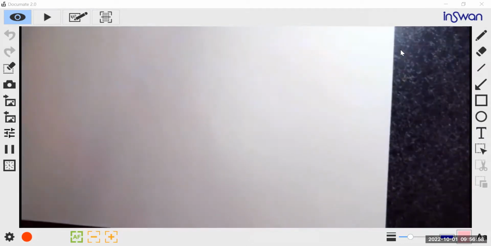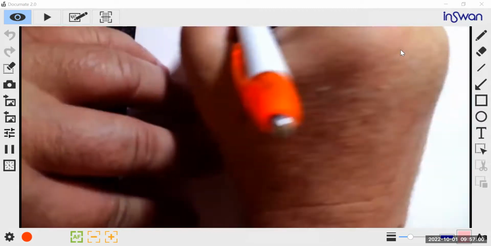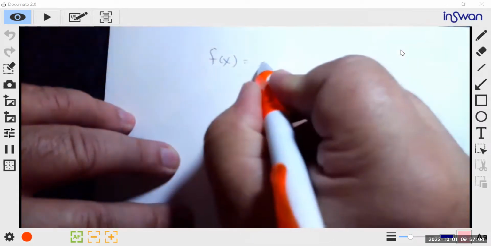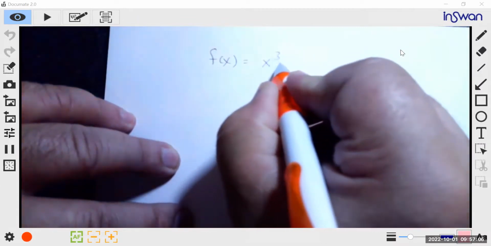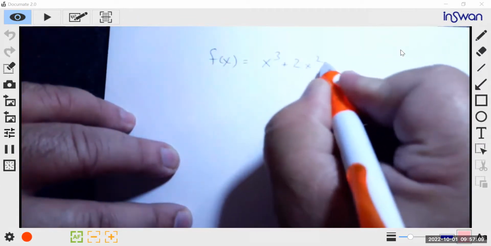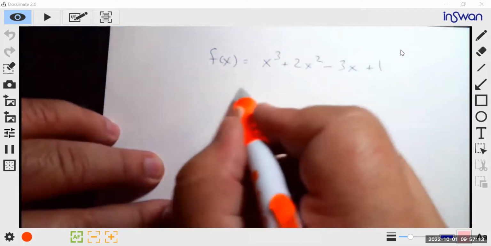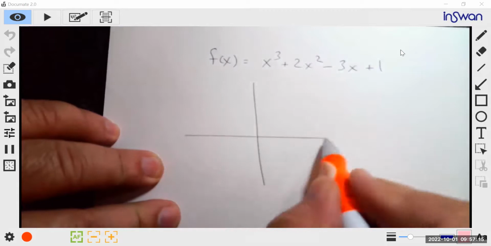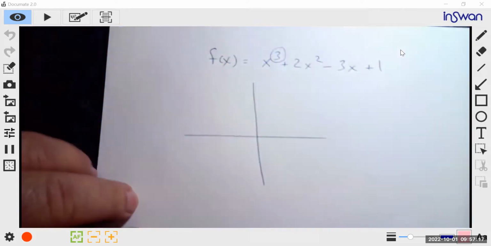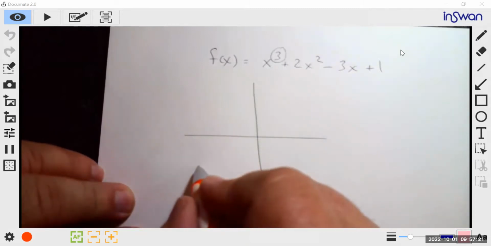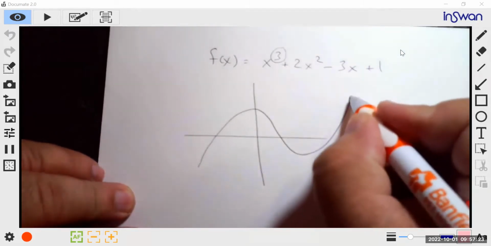If we had a cubic equation, something like this. What does this tell us? We have 3 solutions, so we can cross the graph at most 3 times.